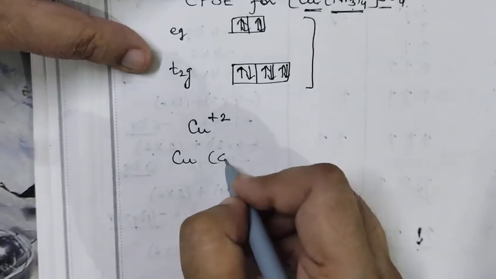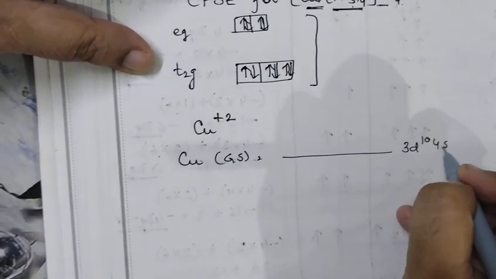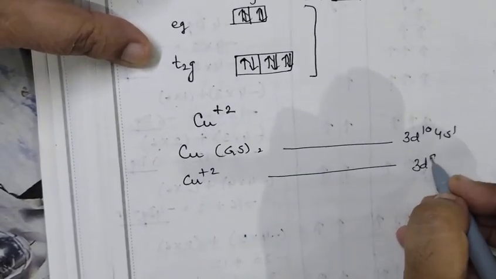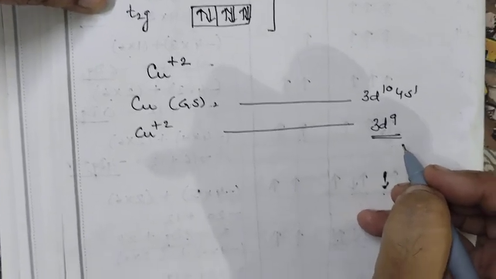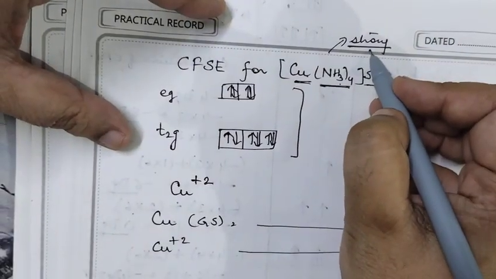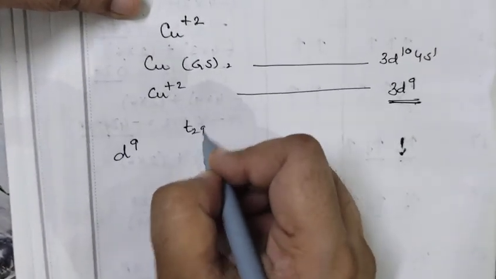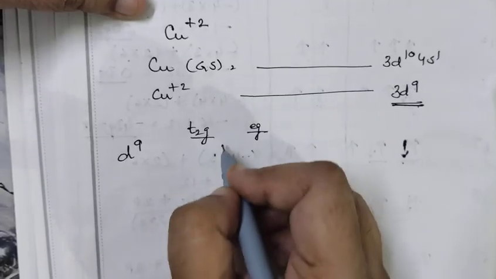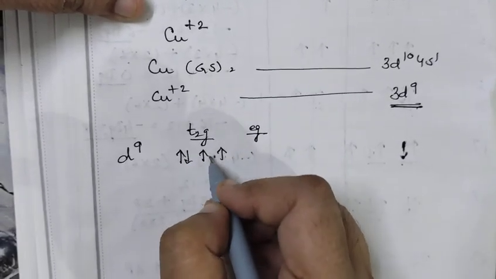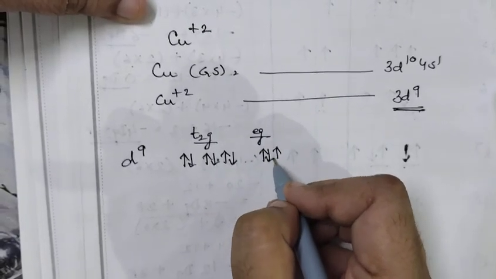Copper in the ground state has the configuration 3D10 4s1. So copper +2 will have the configuration 3D9. That is, we have to calculate CFSE for 3D9 in the case of a strong ligand. So how do you fill electrons in T2G and EG? A strong ligand, 1, 2, 3, 4, 5, 6, 7, 8, 9.